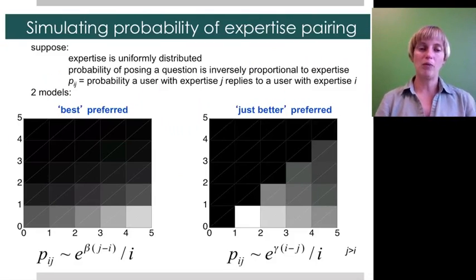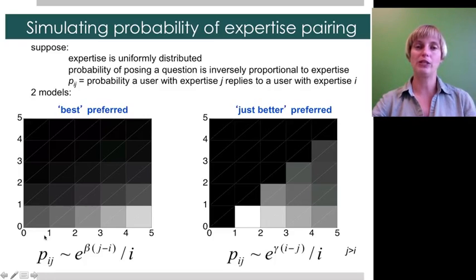And so in one case, we had the best preferred. That is, no matter what the expertise of the person asking, the expert who has the most difference in expertise, that is, they're as expert as possible over what is being asked, is going to answer.